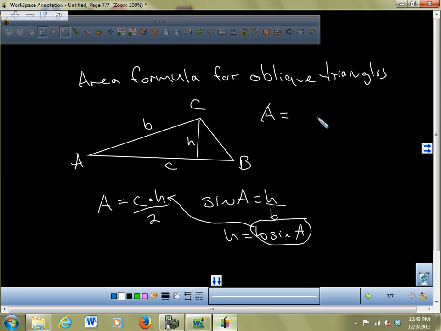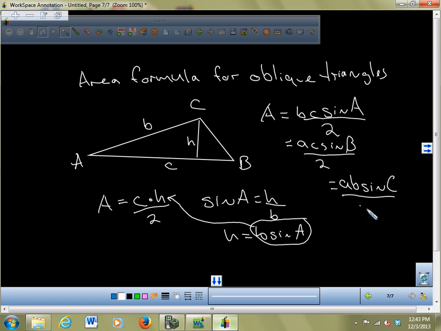Area is equal to BC sine A divided by 2, which is also equal to AC sine B divided by 2, which is also equal to AB sine C divided by 2.